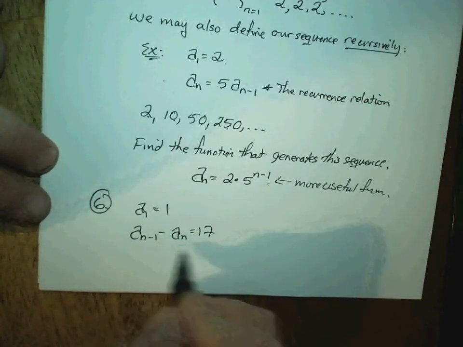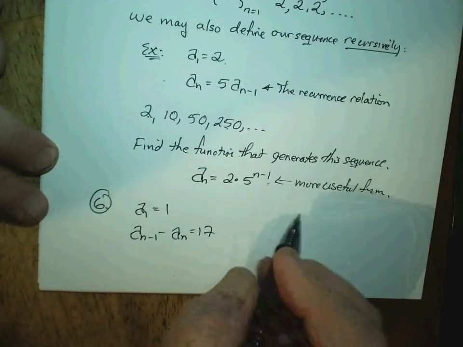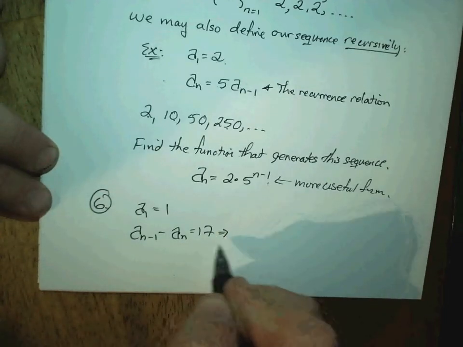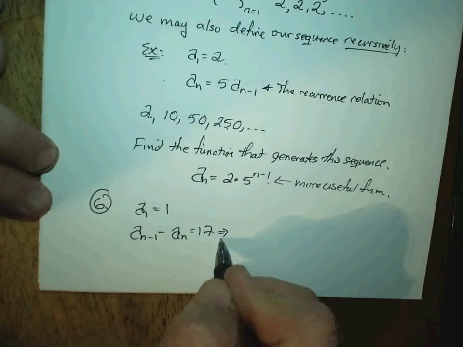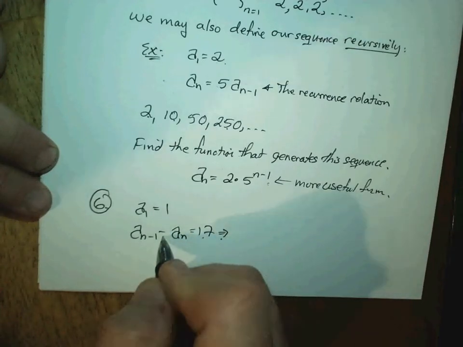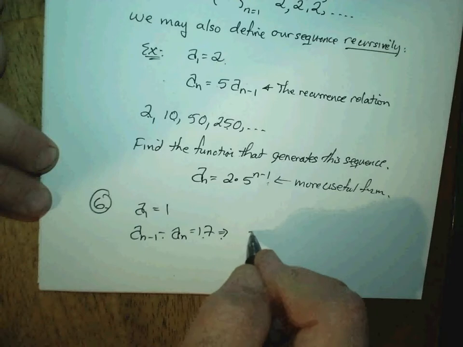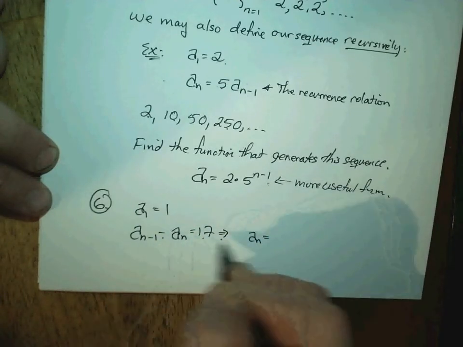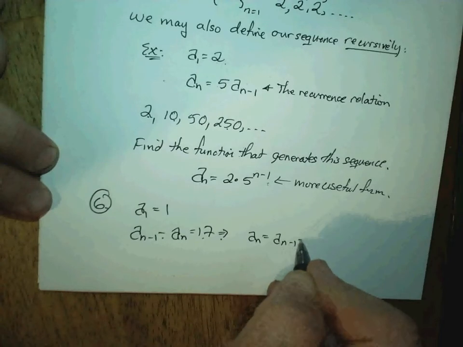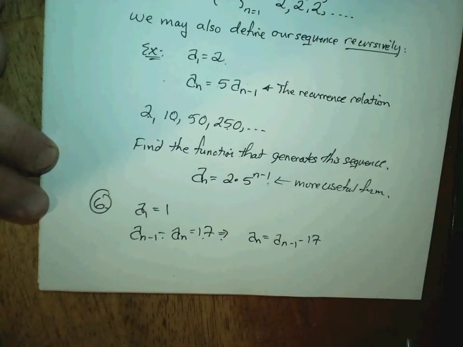So this is like a recursively defined function here, isn't it? What I can do is solve for a sub n. Bring the a sub n over, bring the 17 over to the left. You get that a sub n by itself is a sub n minus 1 minus 17.